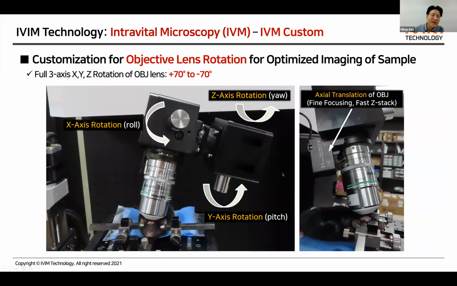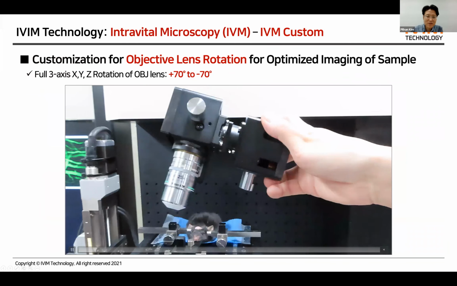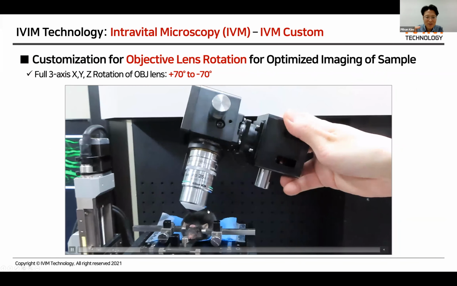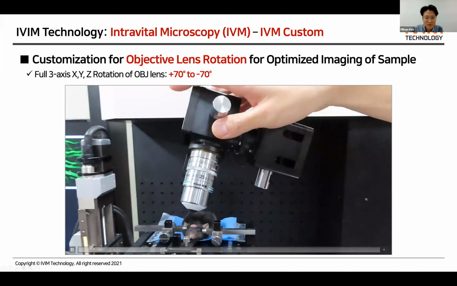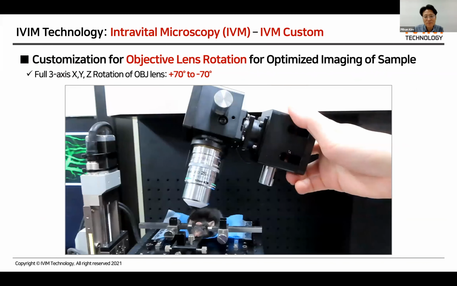We also provide some customization options with this cranial imaging window to have the optimal imaging angle to the brain tissue. Basically, we can rotate the objective lens to get the optimal angle for brain imaging through the cranial imaging window.